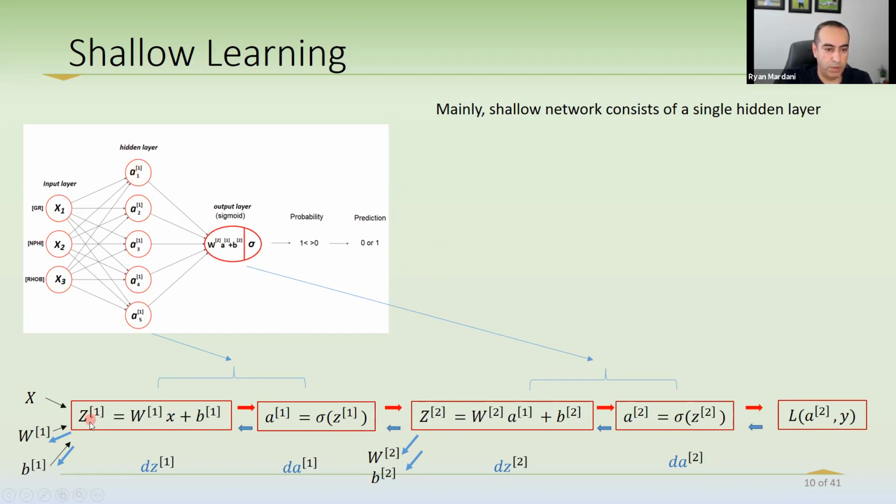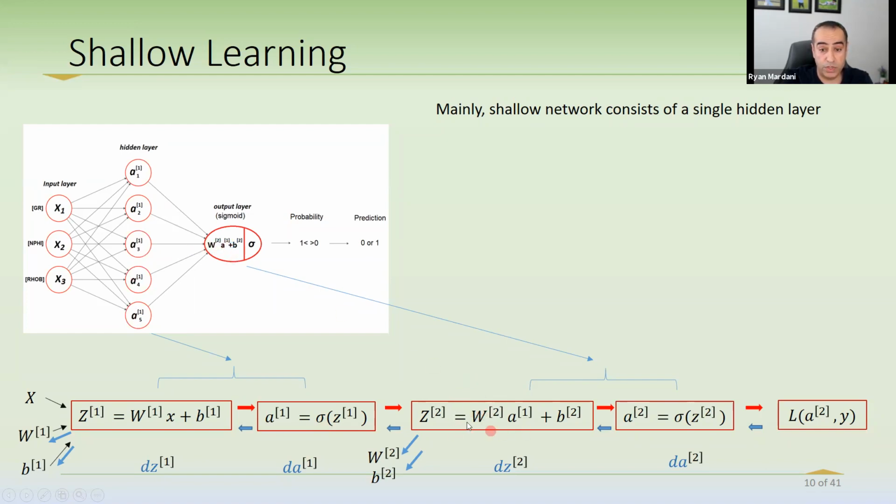If you want to apply that, we first need the linear part: the weight matrix multiplied by the input vector, plus the bias. Then we apply a non-linearity or activation function. Then we pass it from the first layer to the output layer.